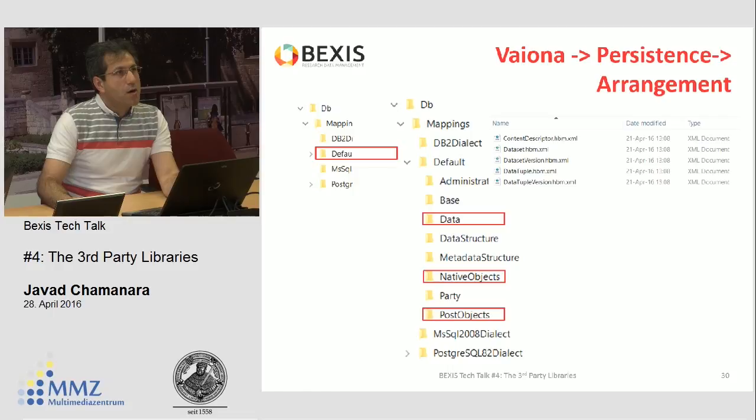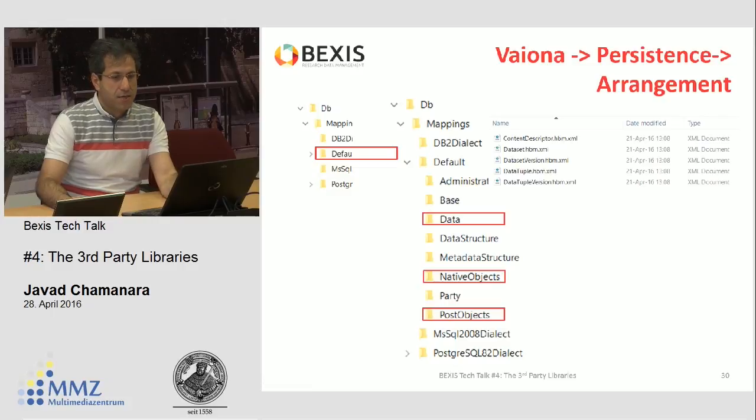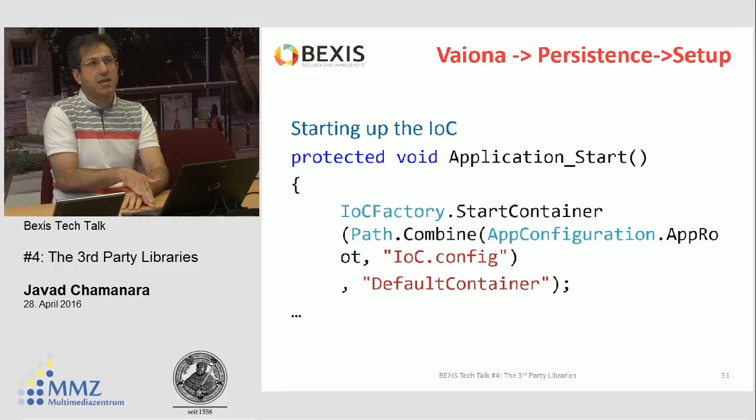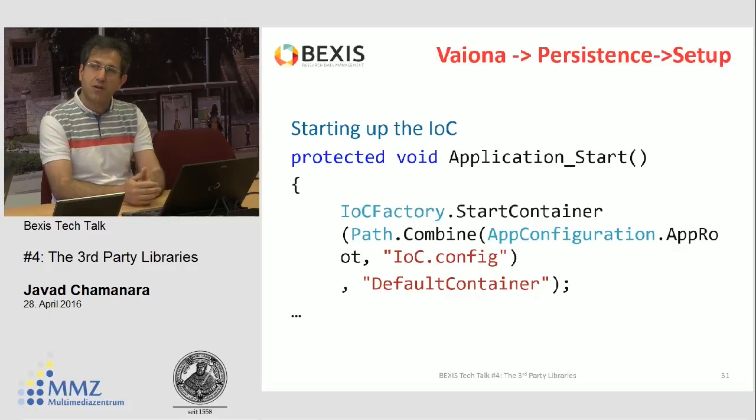So up to now we had some mapping files, and we have arranged them in this kind of structure. Then we need to set up the system so that the persistence can work. The first thing we need to start up is the IOC factory, because everything else relies on it, and if there is no IOC factory, there would be no persistence.